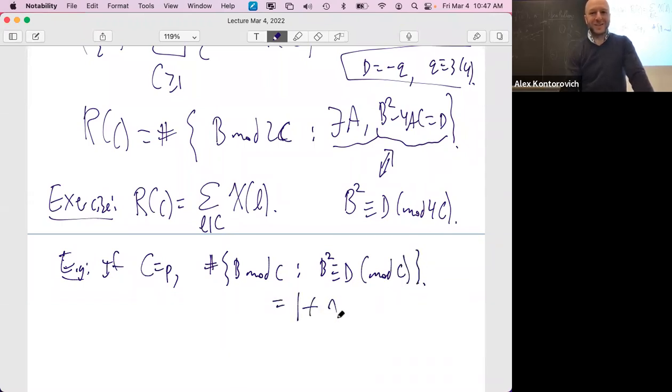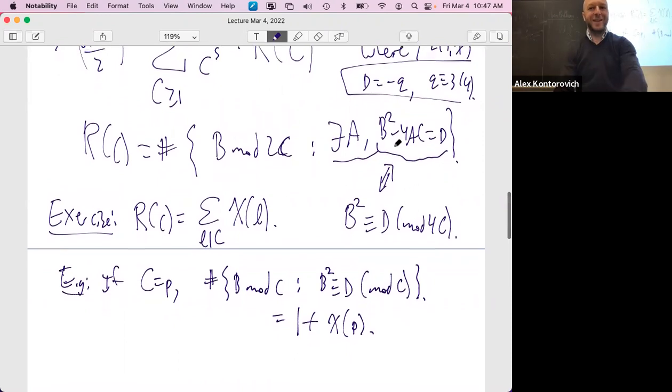This is just 1 plus chi of p. Because chi is going to be either 0 if you have no solutions, or it's going to be 1 if you do have solutions. Exactly. Chi is the real character mod q, where q is negative d.